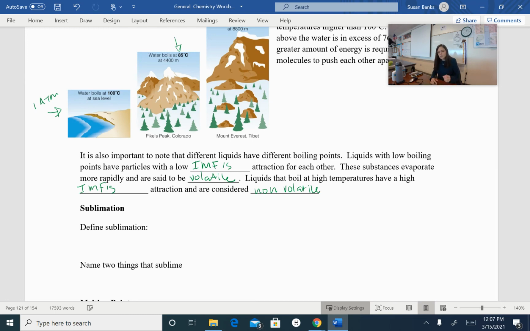So you can see this. If I poured out a bottle of acetone, which is nail polish remover, and a bottle of engine oil, which would you expect to be around for a long time if I poured it out on the driveway? The engine oil would probably stay there for years.